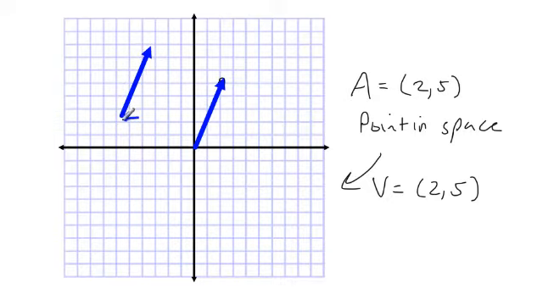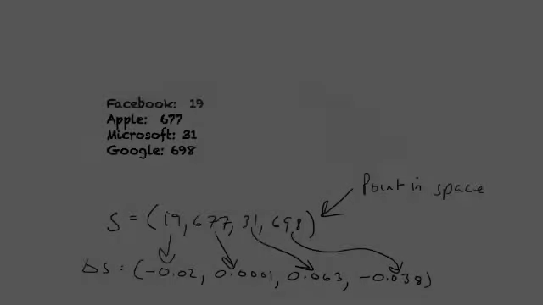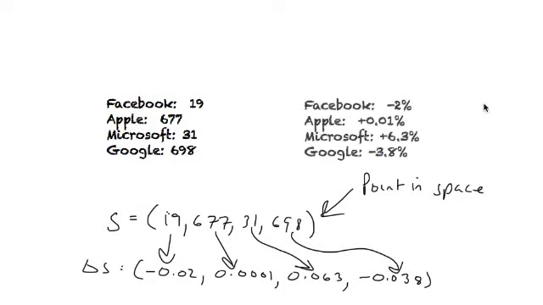No matter where it is, it goes over 2 and up 5. So there's a slight difference between a point in space, which represents a specific location, and a vector, which represents a change in location. We've already seen an example of that with our stock example, that this would represent a vector, or a change in position.